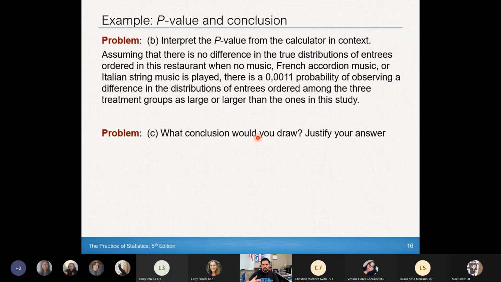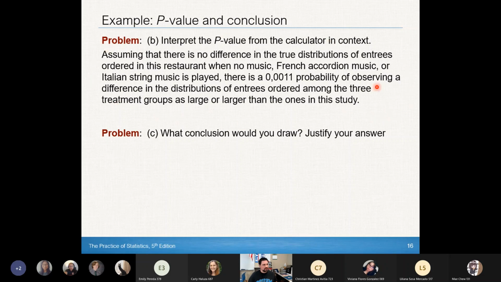Interpreting a p-value is saying, what does this probability represent in context? Assuming that the null hypothesis is true, in the true distributions of entrees ordered in this restaurant when no music, French Quarter music, or Italian string music is played, there is a 0.0011 probability of observing a difference in the distributions of entrees ordered among the three treatment groups as large or larger than the ones in this study.